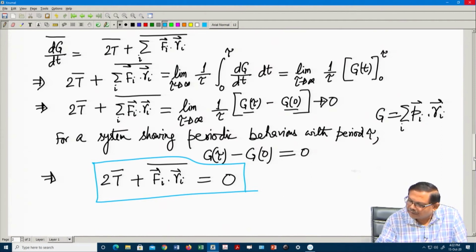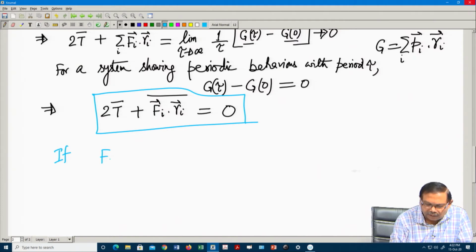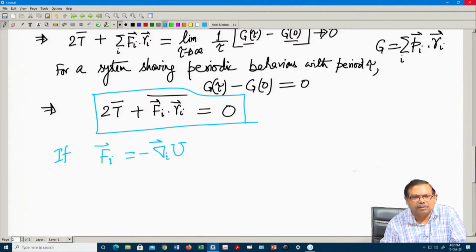Now, if the forces are derivable from a potential, that happens in many problems. So, let us see if F_i is derivable from the gradient of some potential, but their gradient with respect to which position coordinate? There are n number of position vectors.